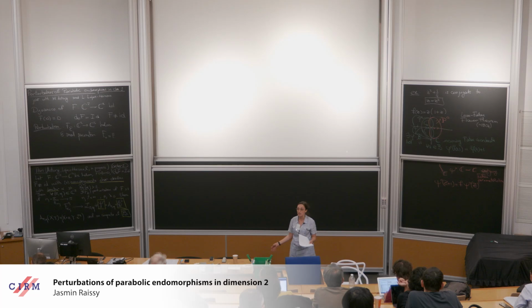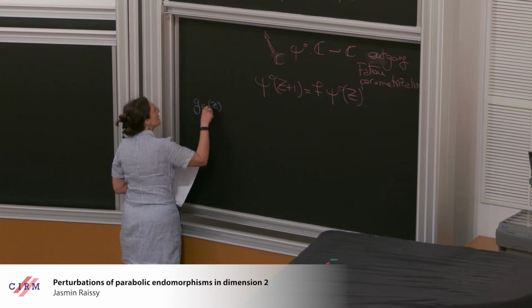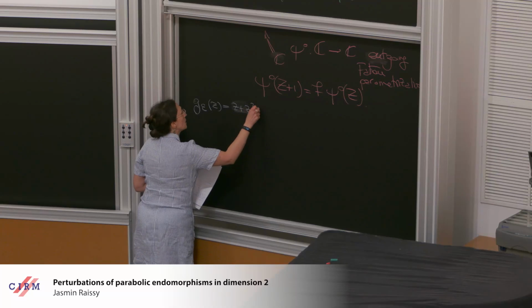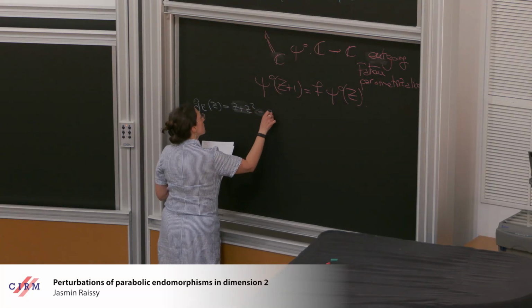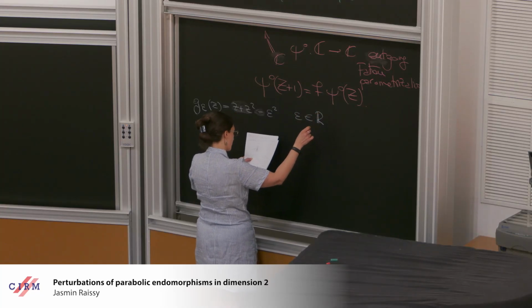So this is super classical. What happens if I consider, say, g epsilon of z, which is z plus z squared, let's write it minus epsilon squared, with epsilon real and positive.